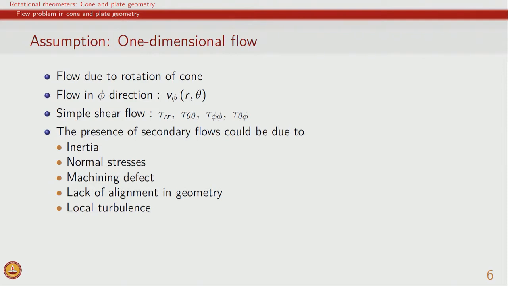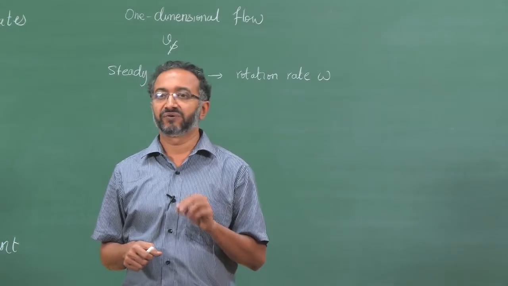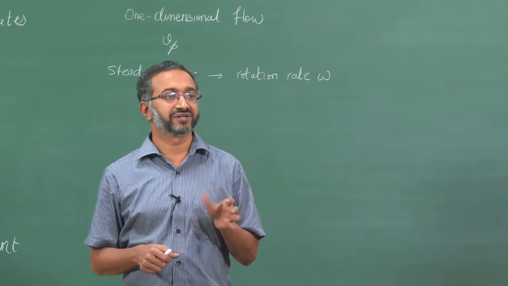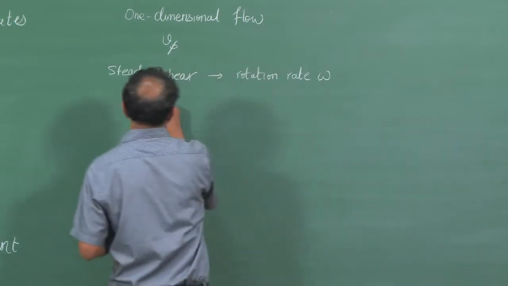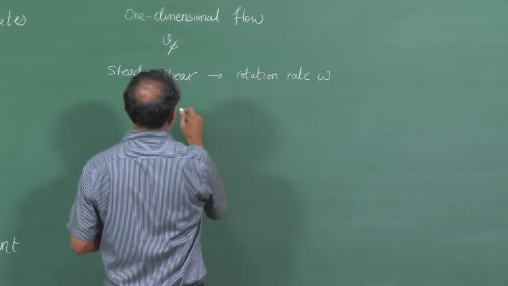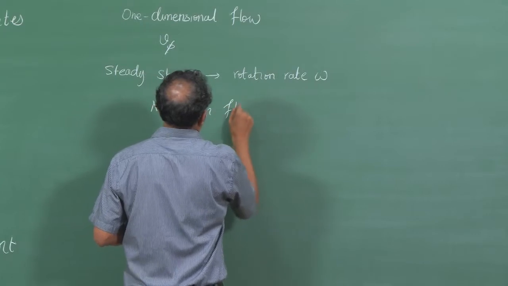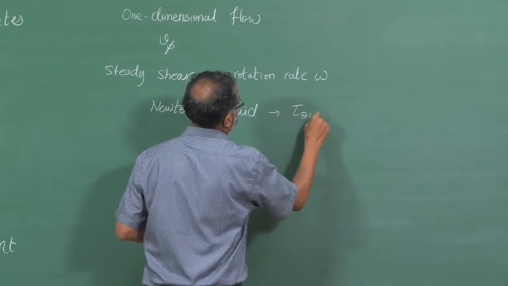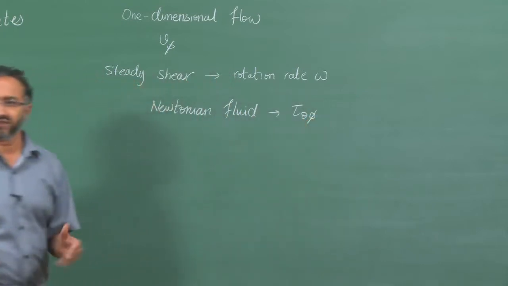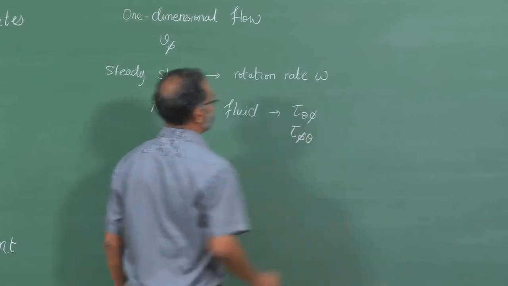So, we know that there are only 4 components of stresses which are non-zero at most in the general case. For a Newtonian fluid, given we are doing a shear flow, we will only have tau theta phi, right, and of course this is a symmetric tensor, so we have tau phi theta.